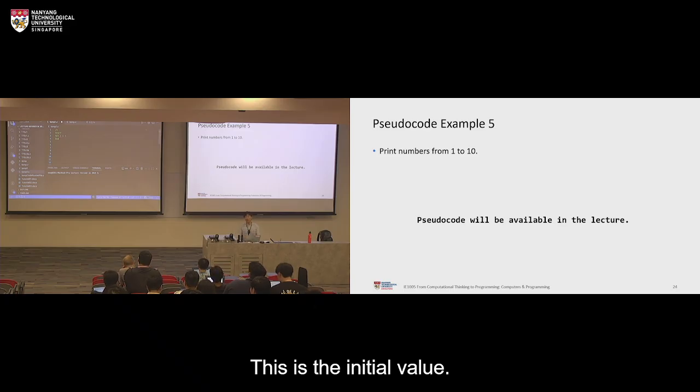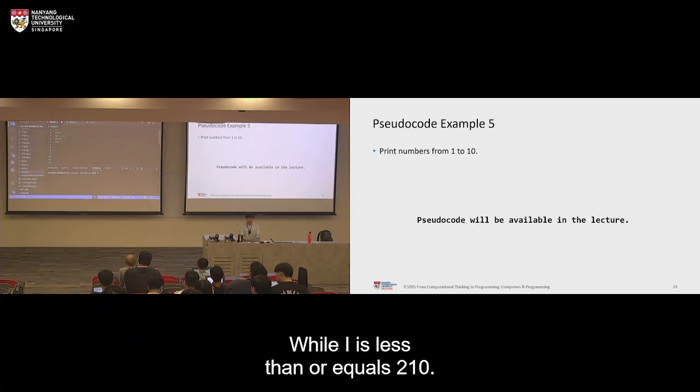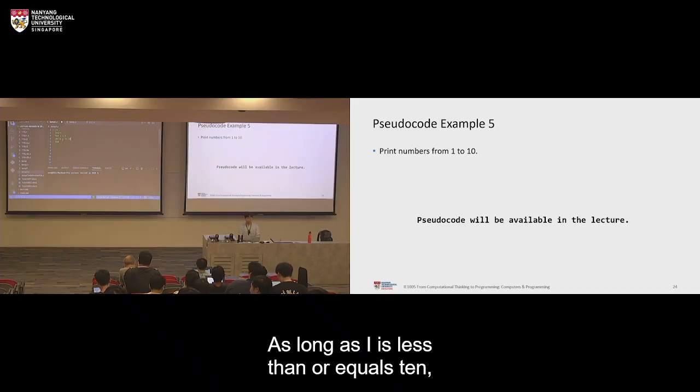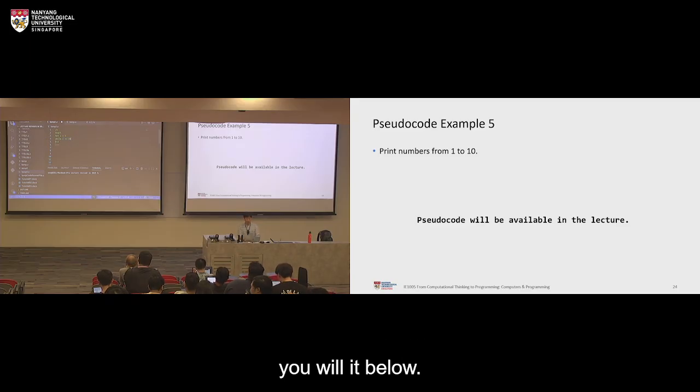This is the initial value. Okay, while I is less than or equal to 10. What is the meaning of it? As long as I is less than or equal to 10, you will repeat below.